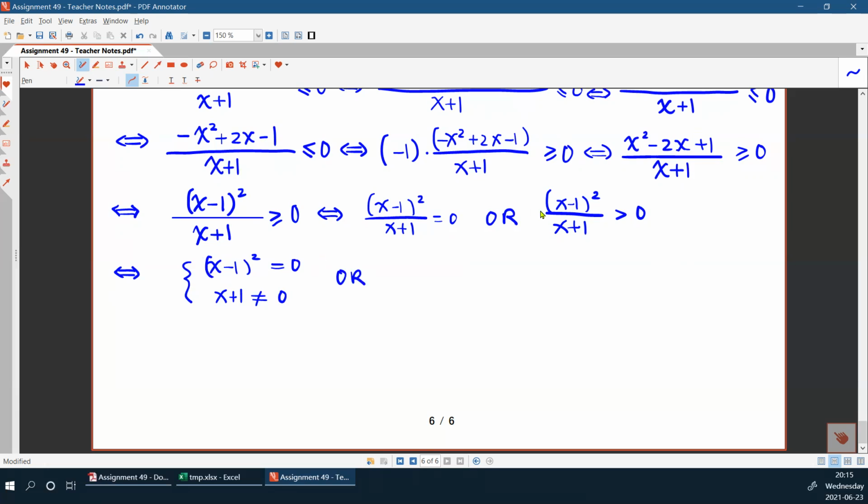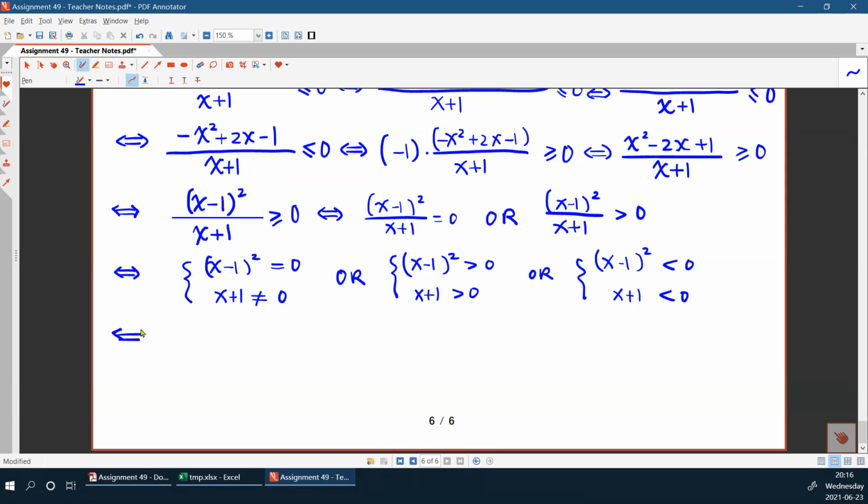Or the ratio is a positive number, which means either the numerator and denominator are both positive numbers, or both of them are negative numbers, right?